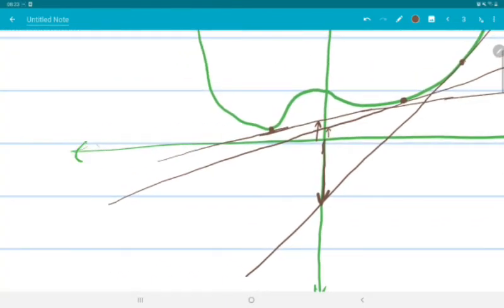Now when I bend the line further, what I get is another point, and the supporting hyperplane will look like this, and my conjugate is decreasing further.